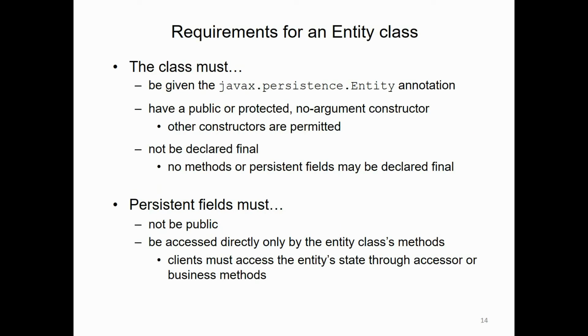Now, for an entity class to be an entity class, it must first be annotated as an entity class. It must have a public or protected default constructor, so no parameters. We could also use other constructors if we want to, but it must have a default constructor, along with set and get methods for each of the fields.